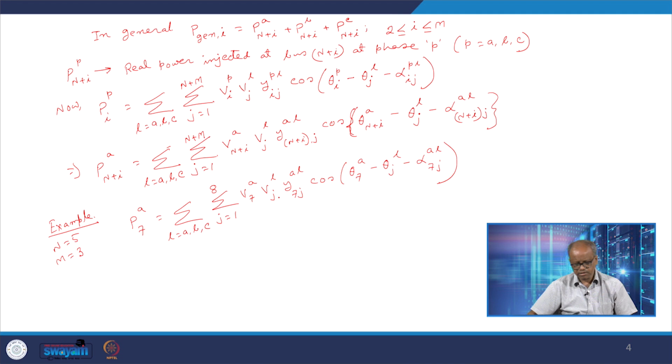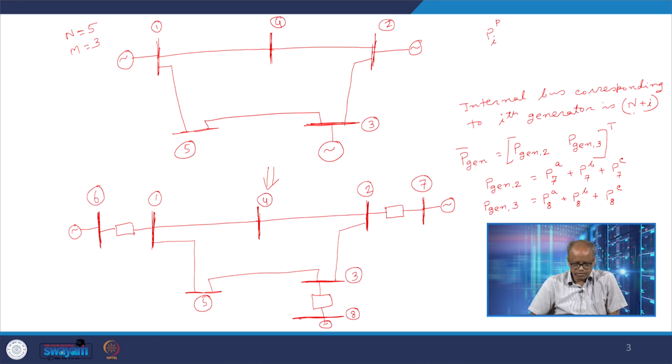So this would be the case. Now let us look at a very interesting thing. Bus 7 is basically directly connected only to bus 2. Bus 7 is not directly connected to any other bus.